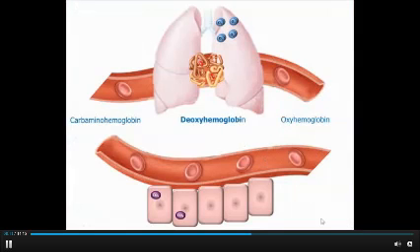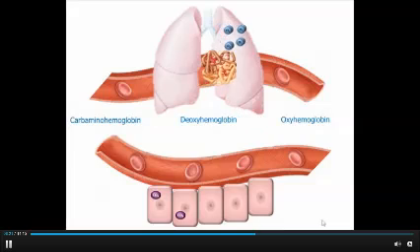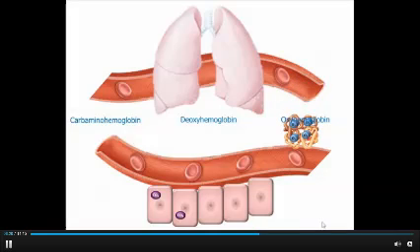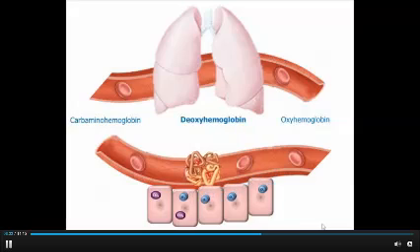Let's start with deoxyhemoglobin in the lungs. When red blood cells circulate through the lungs, deoxyhemoglobin picks up oxygen, turning into oxyhemoglobin. Oxyhemoglobin then travels to the peripheral tissues, where oxygen diffuses out, and the hemoglobin turns into deoxyhemoglobin.